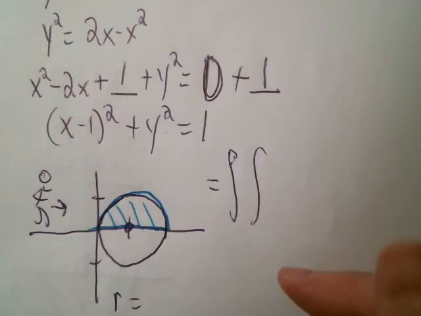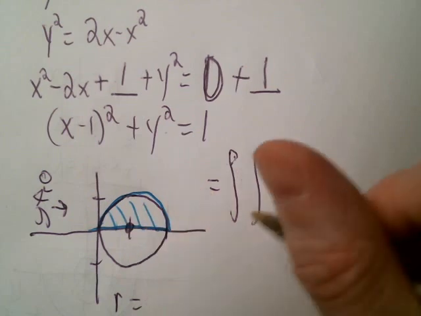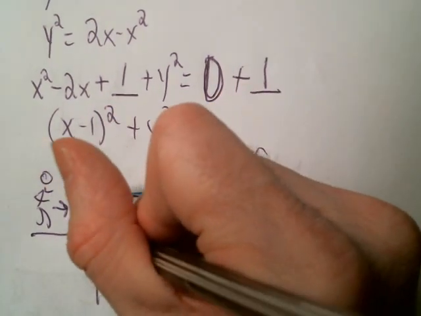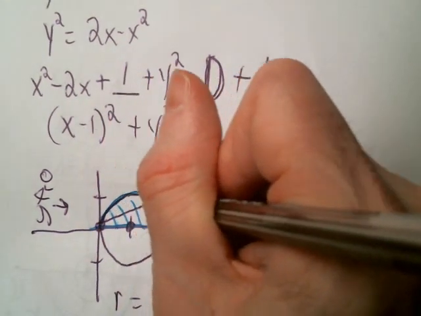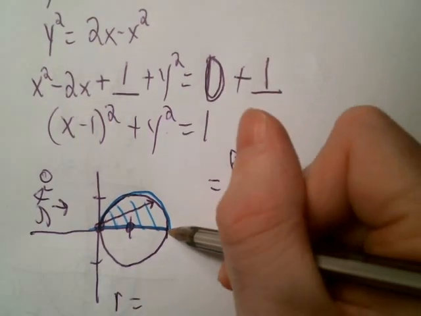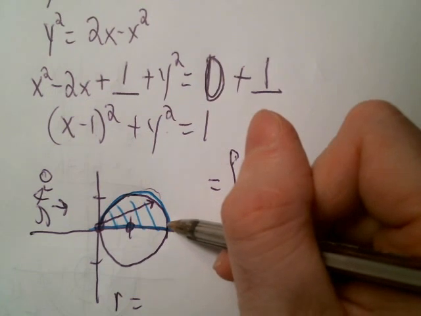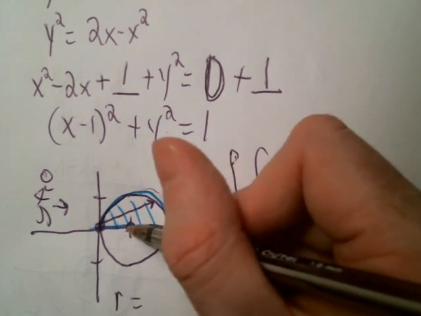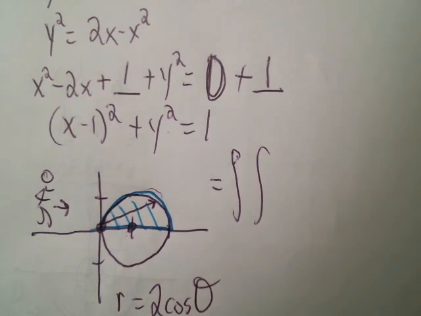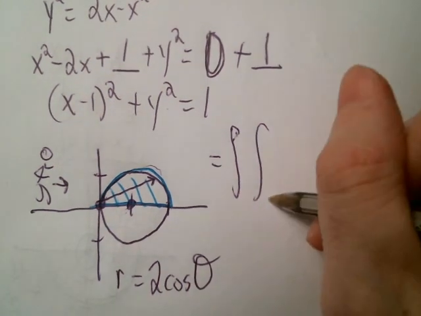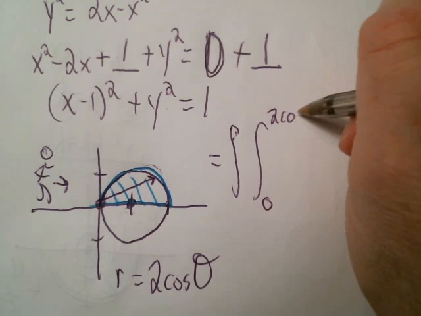It's this guy. I'm going from r equals 0, which is this point here, to r equals b cosine theta. In this case, it's 2 cosine theta. So r goes from 0 to 2 cosine theta.